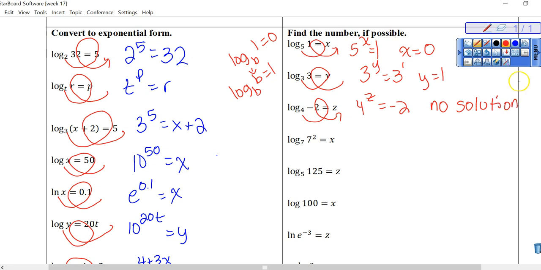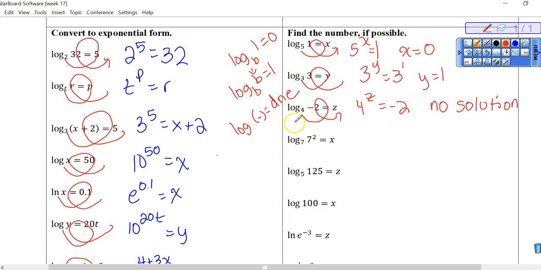It's not possible. So over here you can write yourself a little note that the log of a negative does not exist. D-N-E. Does not exist. The log of a negative does not exist. Not even imaginary.